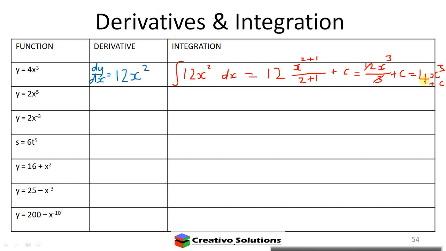Makes sense? Okay. So the first one is y equals 4x to the 3.